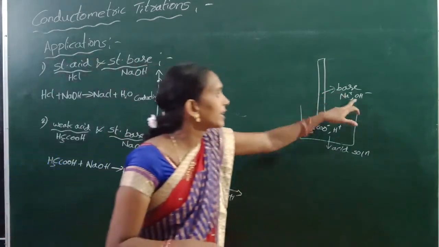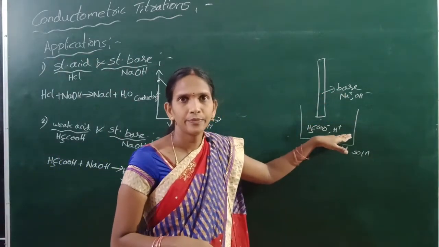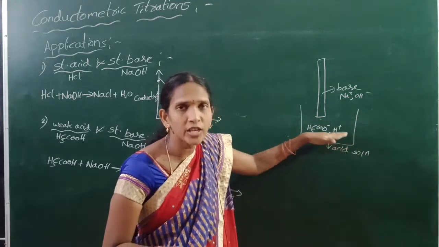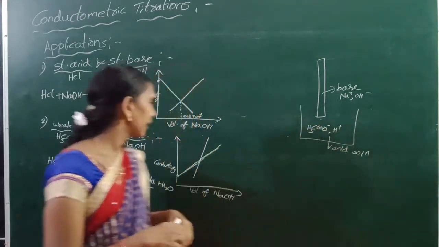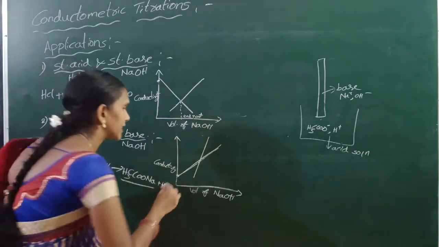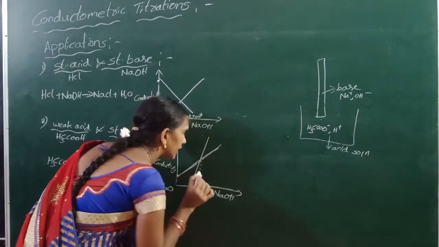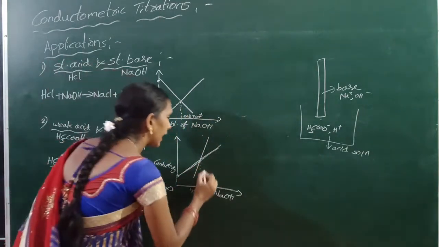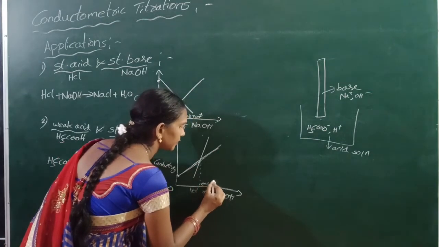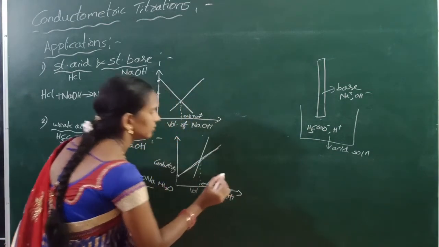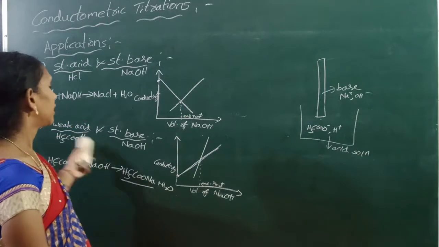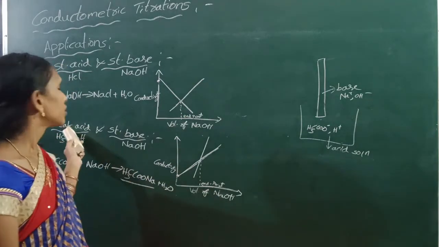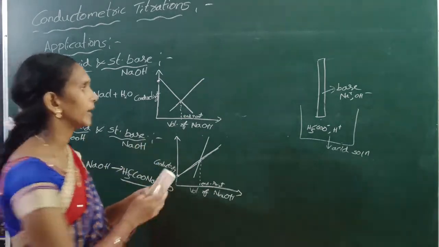Because the OH- concentration is increased. So the conductivity is increased. The intersection of these two lines is called the end point. This is the determination of end point between weak acid and strong base.